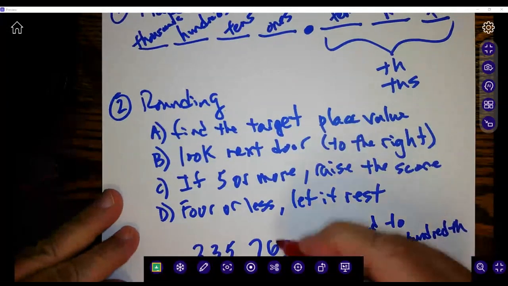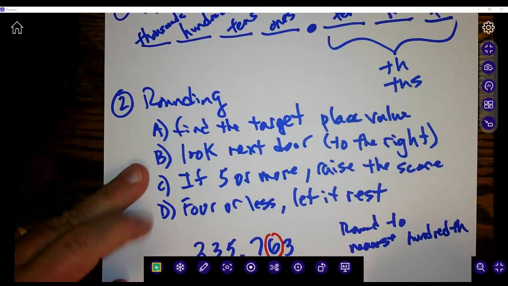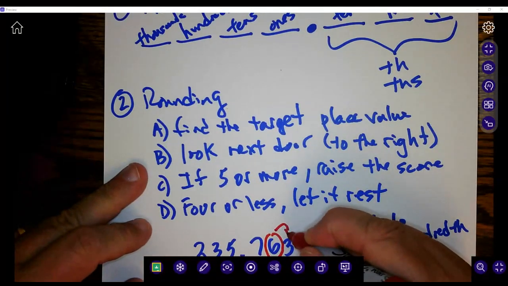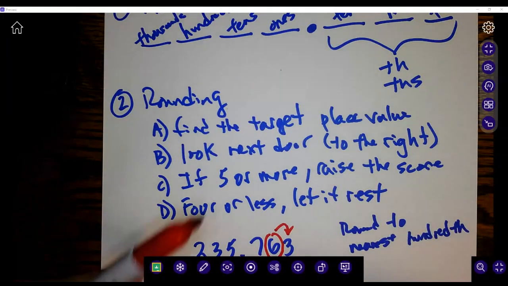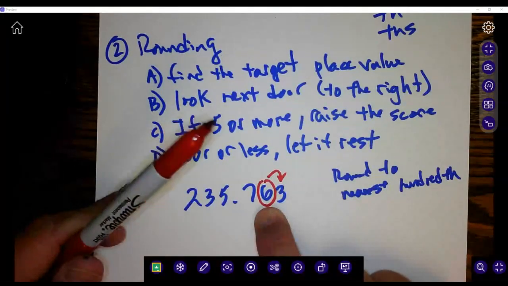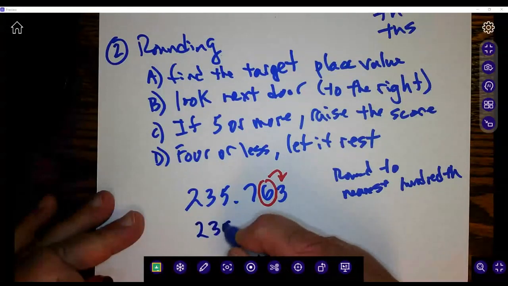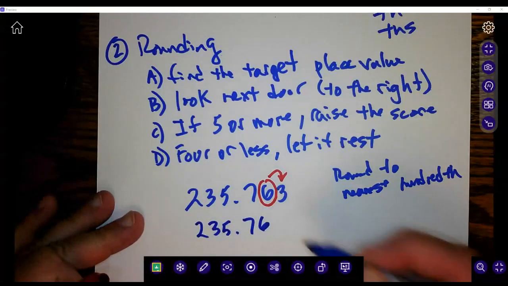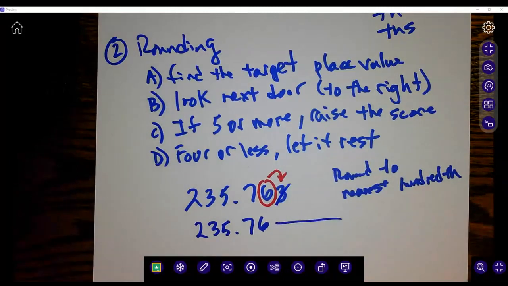If we're doing hundredth, that is this decimal place. Then the next step is to look next door. 5 or more, raise the score. The number next door is a 3, so we do not bump up the 6. It stays as a 6, but everything after the decimal place is dropped.